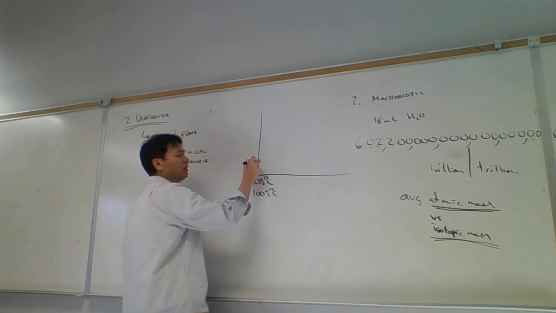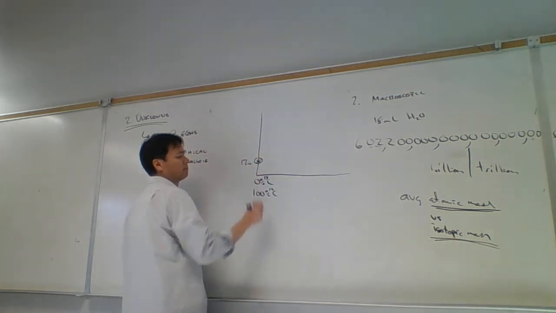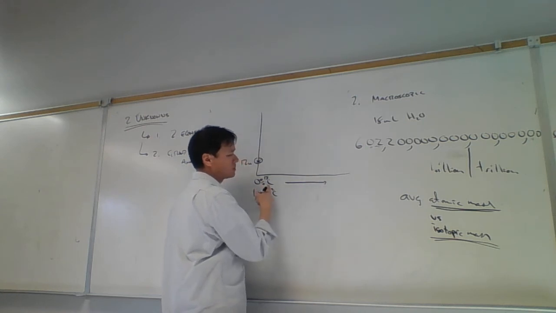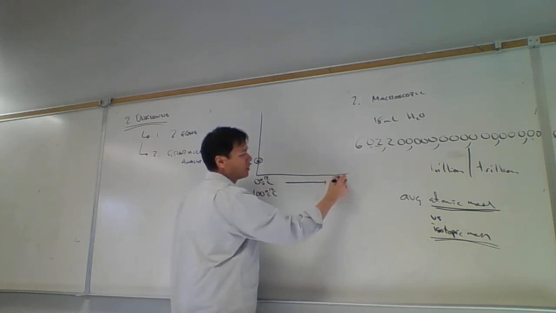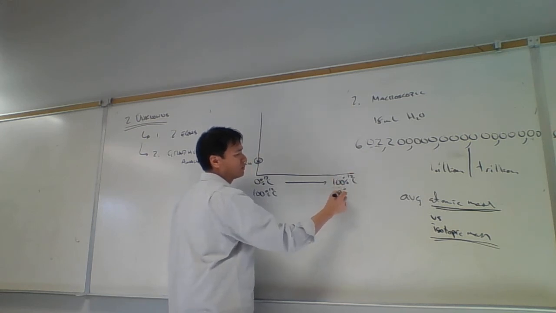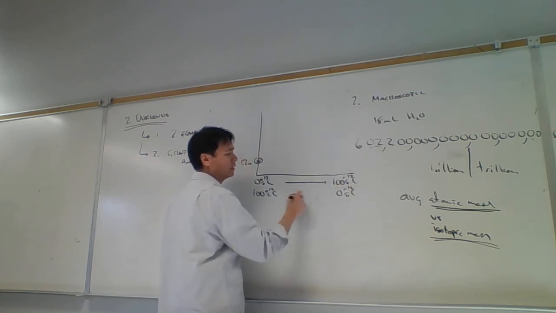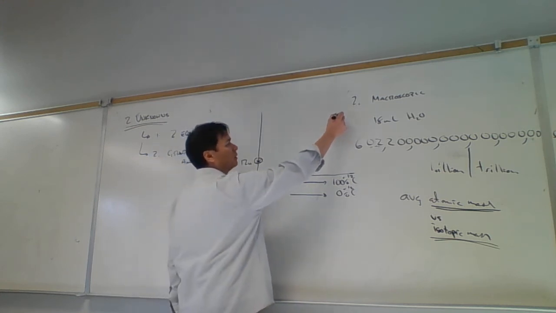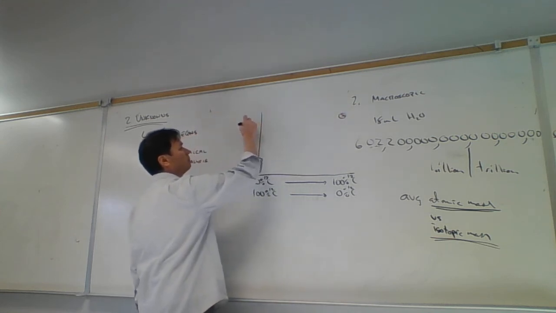It's going to weigh 12 U. Okay, then what we're going to do is we're going to vary this. We're going to go from 0% carbon 13 to 100% carbon 13. If we go to 100% carbon 13, that means we have 0% carbon 12. How much does it weigh? If there's no carbon 12 and it's all carbon 13, then it's got to weigh 13 U.